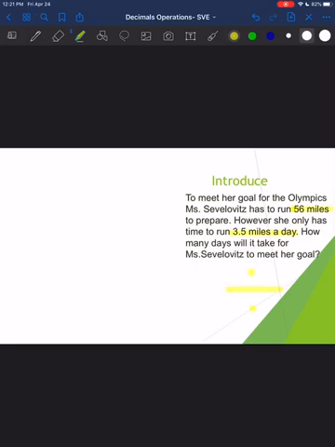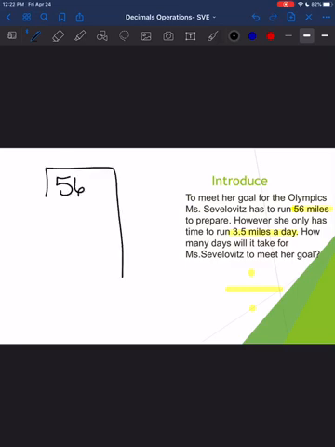However, we need to look and see what is being divided. Is the 3.5 being divided, or is the 56 being divided? In this case, it's 56 being divided by the 3.5.